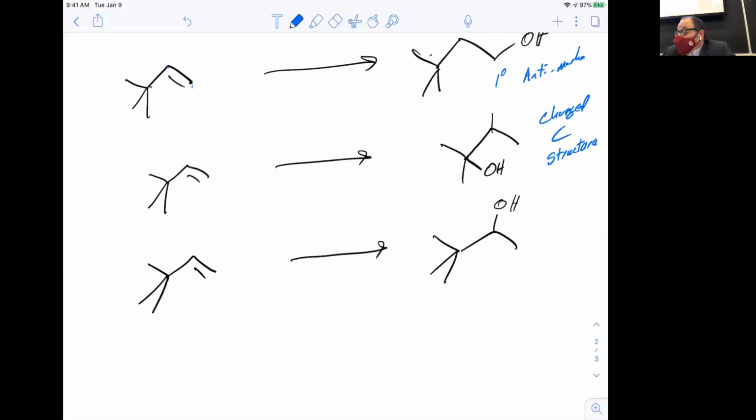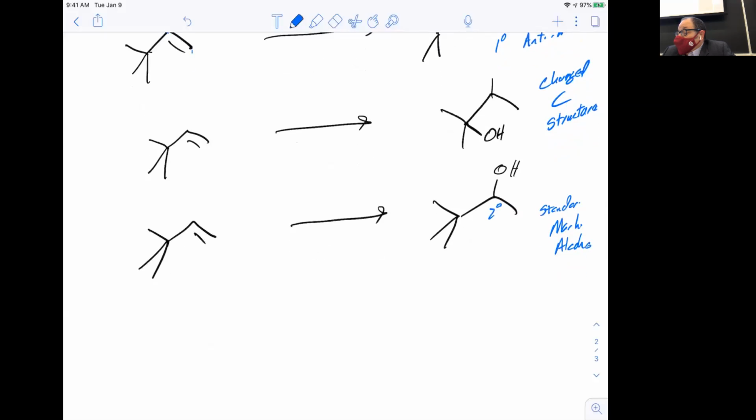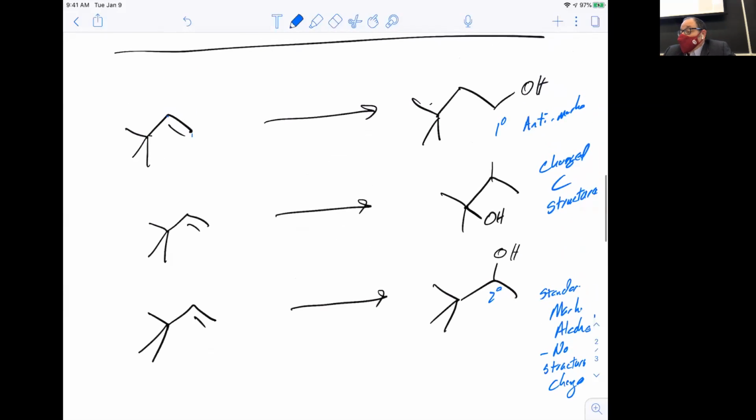And then the bottom one, we've got our standard Markovnikov alcohol, right? We've added to the secondary position, no structure change. Okay. So in the first one, anti-Markovnikov, well, that's going to be hydroboration oxidation.